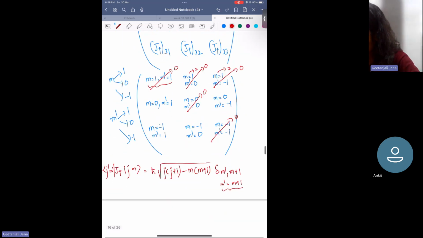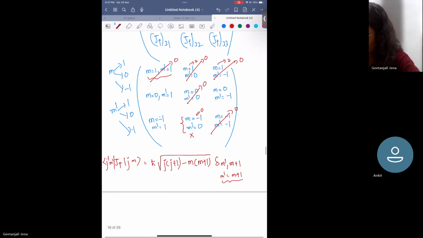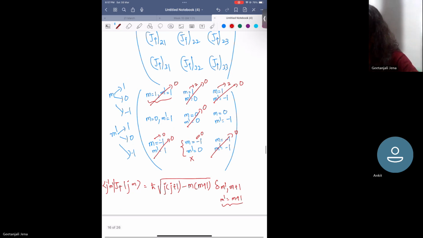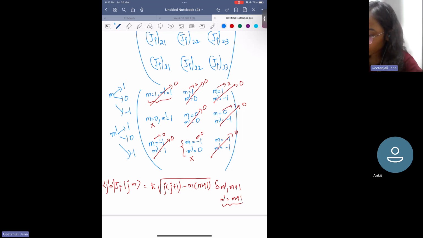M prime minus 1 and this m plus 1 will become 0. So this means this is non-zero. And this one m plus 1 is 0. That means this will be 0. And here m plus 1 is 1. This is also 0. I think this one would be non-zero. So this is non-zero. Only these two terms are non-zero.